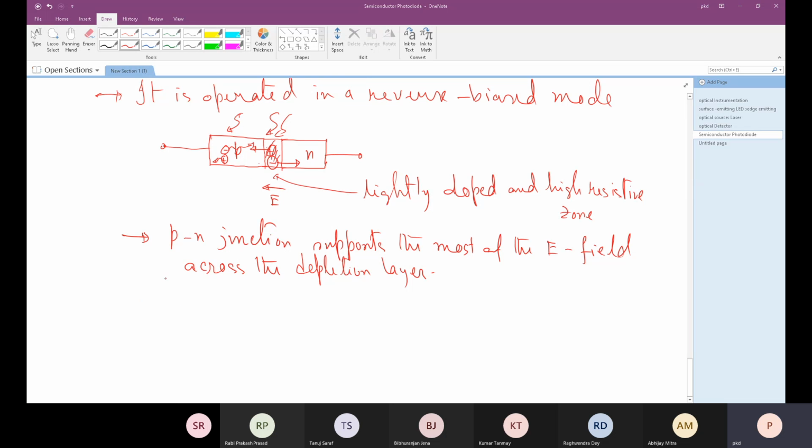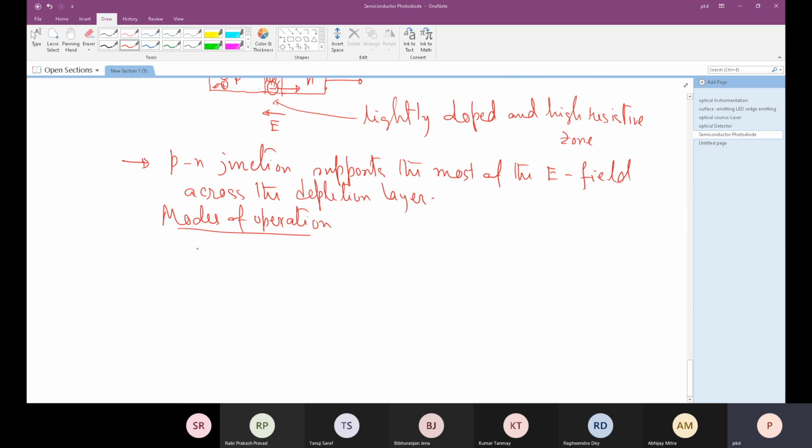There would be several modes of operation which are possible. It could be open circuit mode. This is also known as the photovoltaic mode.